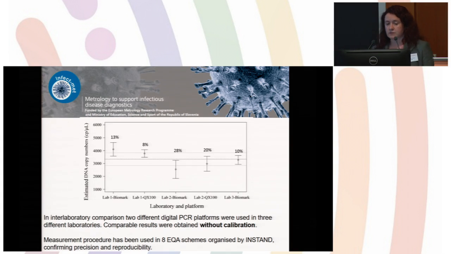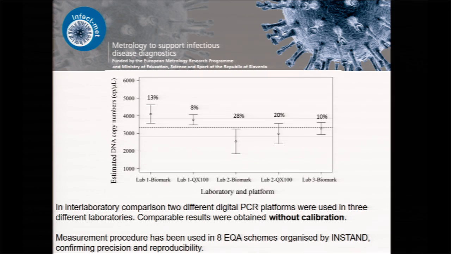This procedure was working well, so we organized a small interlaboratory comparison where 3 different laboratories participated using 2 different digital platforms. And if you remember the results from clinical laboratories, plus minus 0.8 logarithm, here in this study, without any calibration, we obtained only up to 2-fold differences.